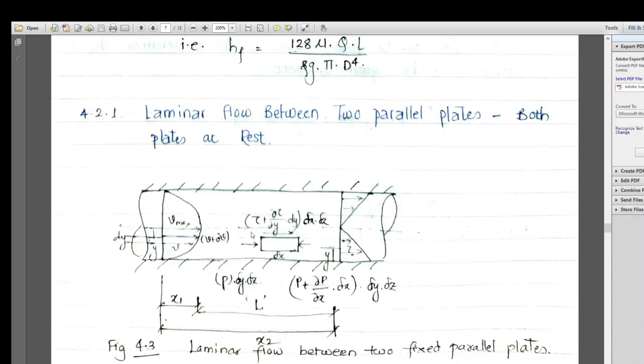Now we have considered a small rectangular part of this figure whose length is delta x. And this small rectangular part is at a distance y from this fixed plate, and the velocity is small v.